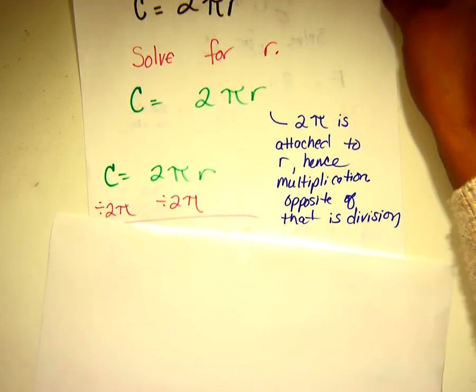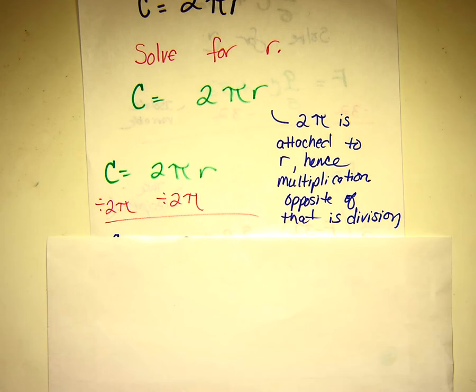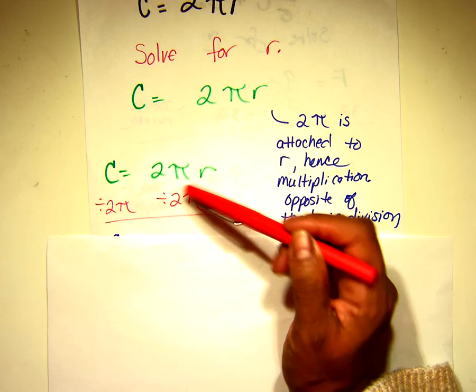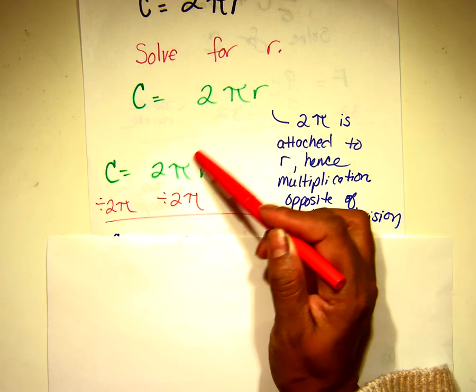So notice how 2 pi is attached to the R, so that means multiplication. Remember, when we're trying to solve for a variable, we do the opposite of that. So the opposite of multiplication is division. So right here, I'm going to literally divide everything by 2 pi, because remember, I'm trying to solve for R.